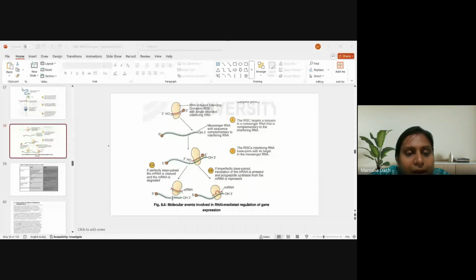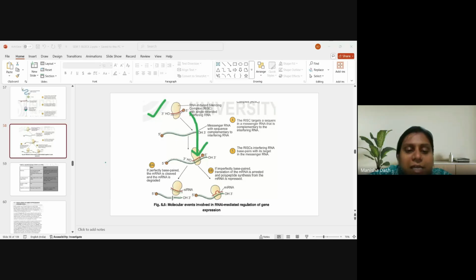So this is the mRNA which has a specific complementary sequence to your RNAi, or RNA interference. This small RNA will go and bind to the complementary location on the target mRNA.